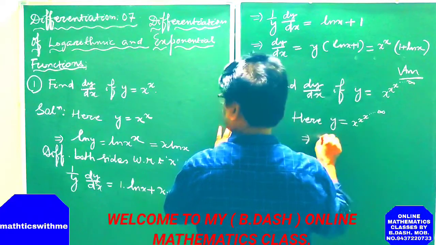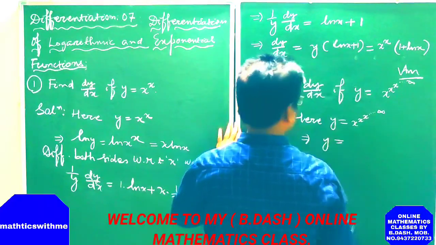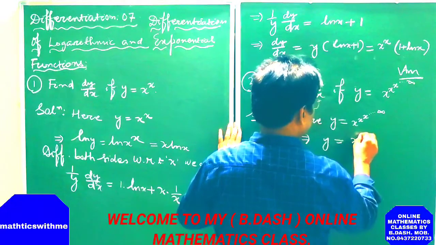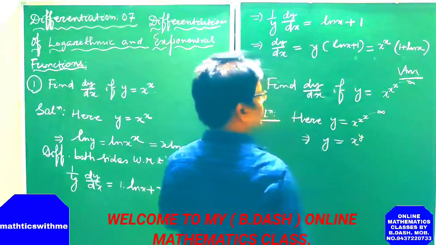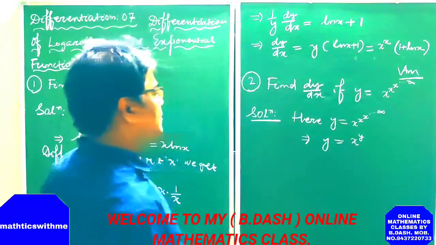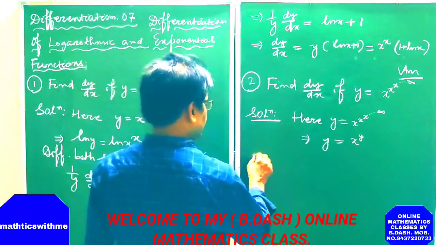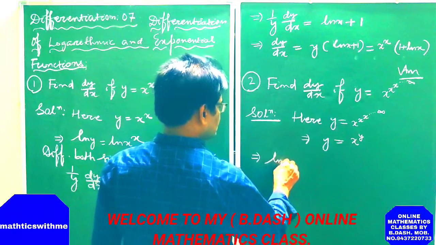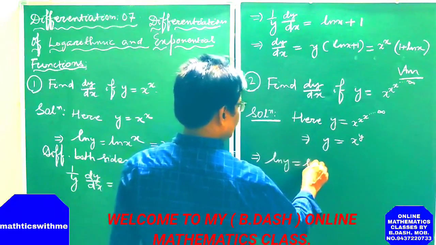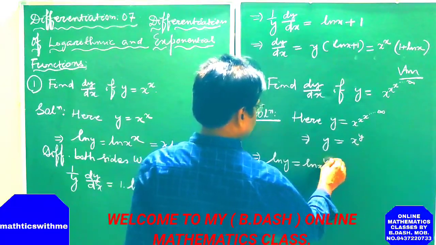We can write y is equal to x to the power y, because x to the power x to the power up to infinity, so y is equal to x to the power y.